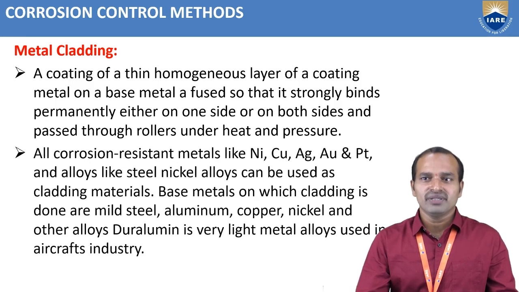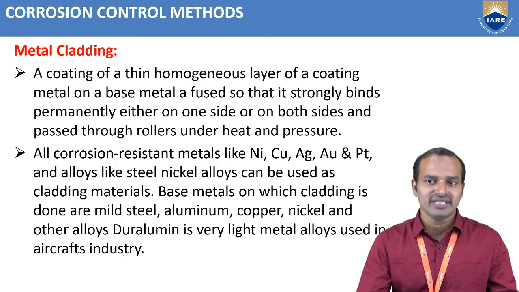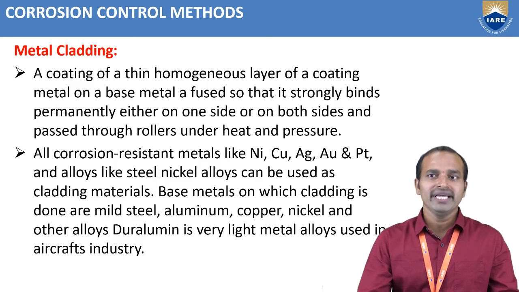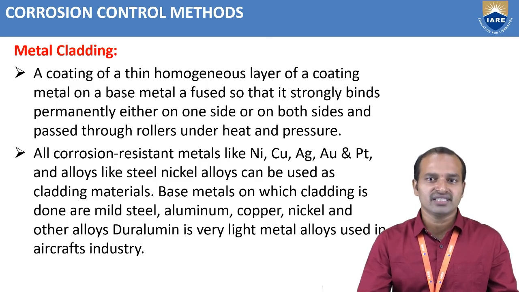All corrosion resistant metals like nickel, copper, silver, gold and platinum, and alloys like steel and nickel alloys can be used as cladding materials. Base metals on which cladding is done are mild steel, aluminium, copper, nickel and other alloys. Duraluminum is a very light metal alloy used in aircraft industries.